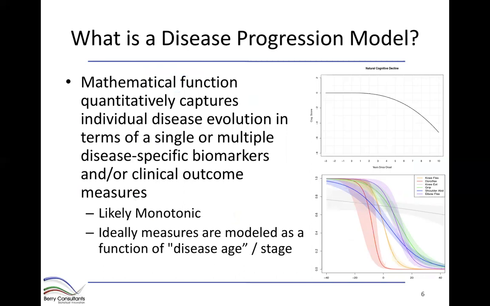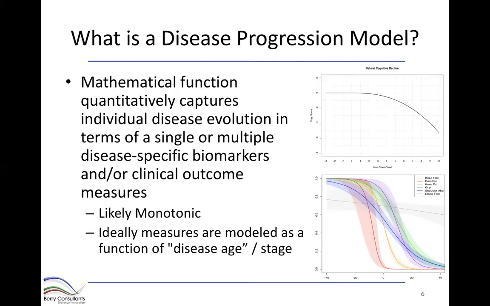So what I mean here, and what I'll mean throughout the course of this talk, is that it's a mathematical function, so any sort of function, it could be parametric, non-parametric, smooth or not, that quantitatively captures how a subject will evolve over the course of their disease. And it may do so using a single or multiple disease-specific biomarkers and/or clinical outcome measures.